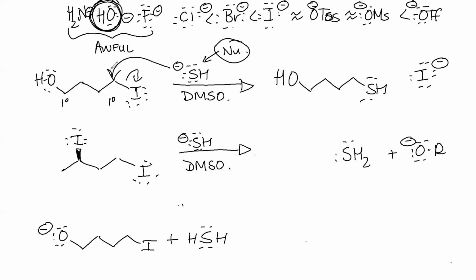Now, in fact, this is such a terrible leaving group, it doesn't matter which carbon it's on, it's not going to leave. But here's an example where we've got the same leaving group, which would be iodide, on two different carbons. And so if we had one molecule of this and one molecule of this, the sulfur is only going to react at one place. Which one would it react at?